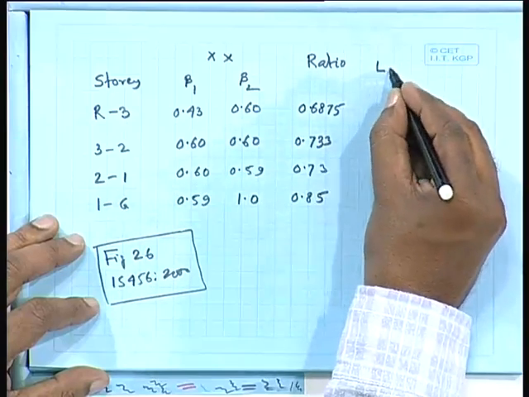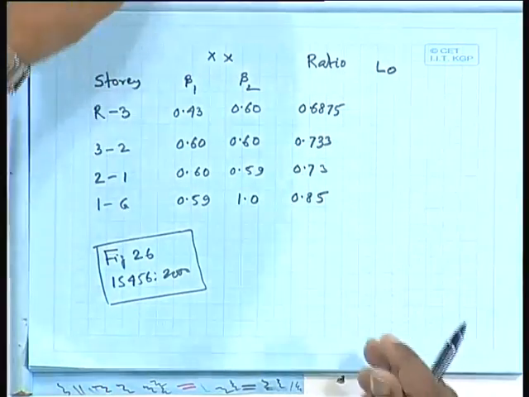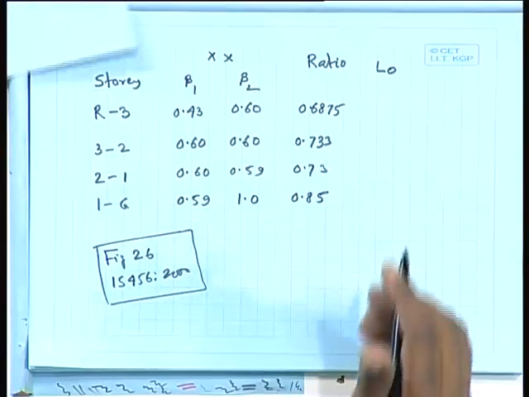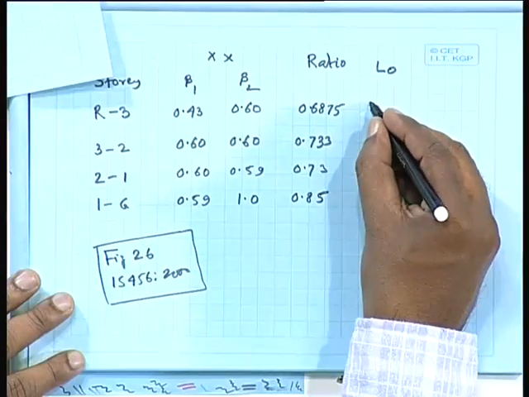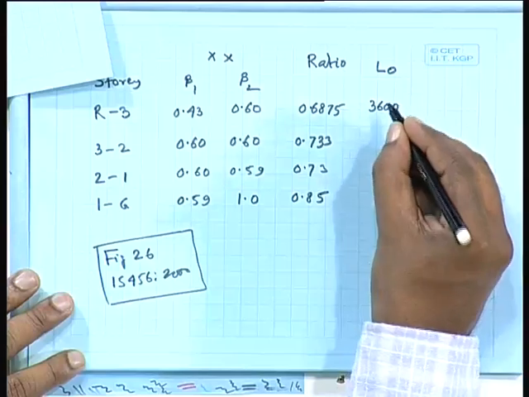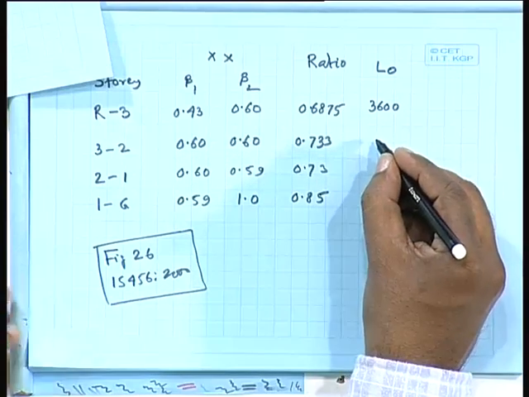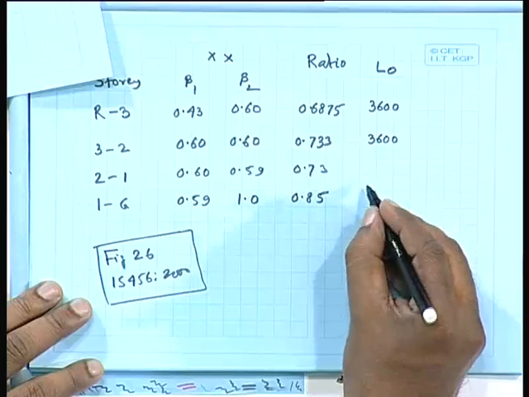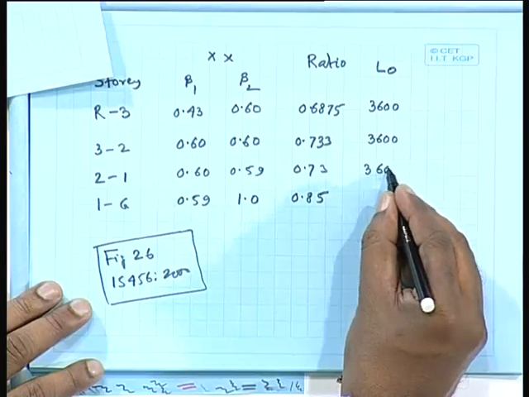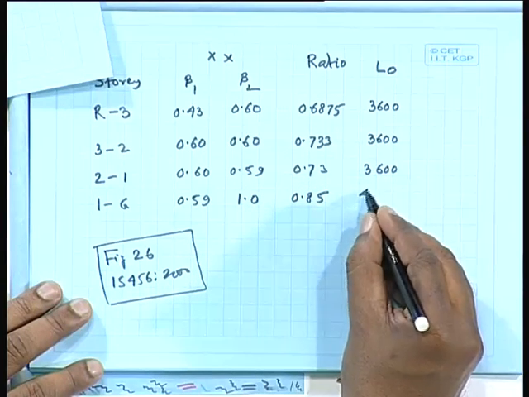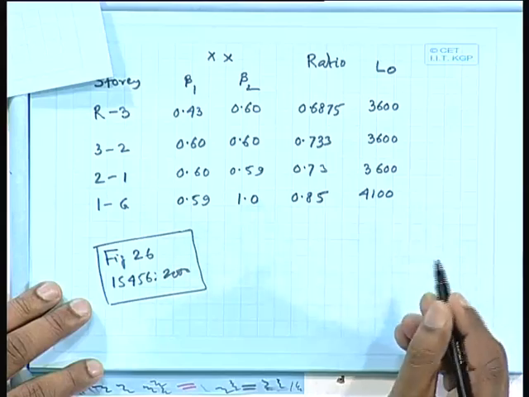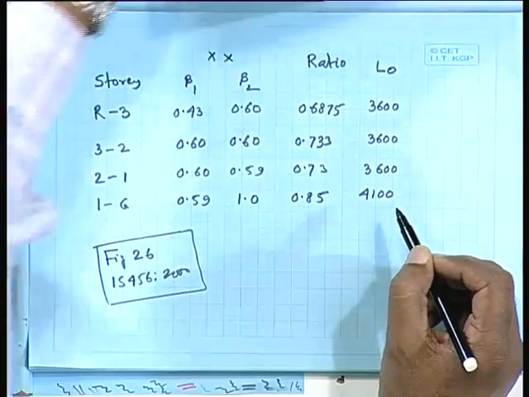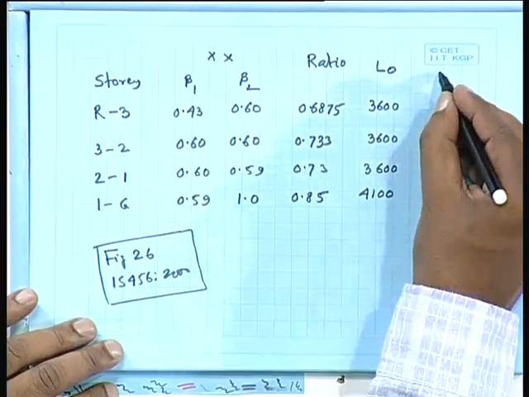What about the L0? So, L0 that we have got, let us write down. So 3600, this is also 3600, and 4100. So these are the values we have got here, and now we can find out the effective length.